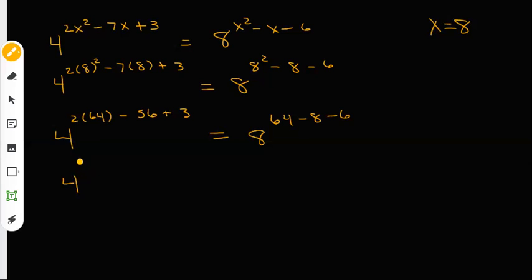All right, so on the left side, I'm going to have 128 minus 56 plus 3. And over here, I'm going to have 64 minus 8. That's going to give me 56 minus 6.